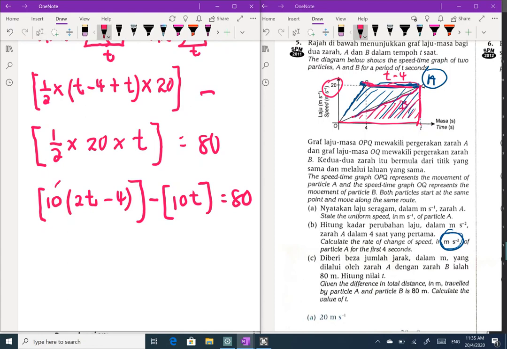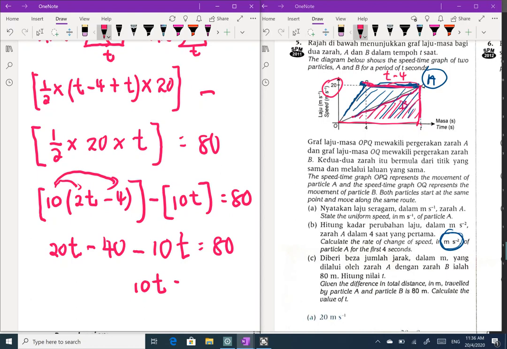Multiply in: 20t minus 40 minus 10t equal to 80. So 20t minus 10t is 10t. 80 bring over, so you get 120. So t is 12.